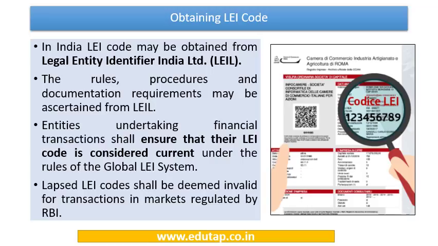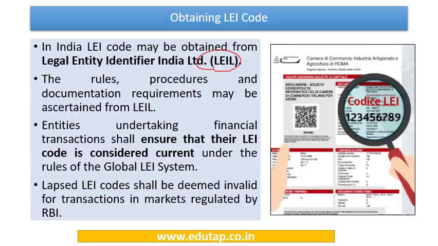Now, if you have to obtain this LEI code in India, then this code can be obtained from the Legal Entity Identifier India Limited, LEIL. This is the organization in India which is the local operating unit for this global foundation, which we just studied in the previous slide.